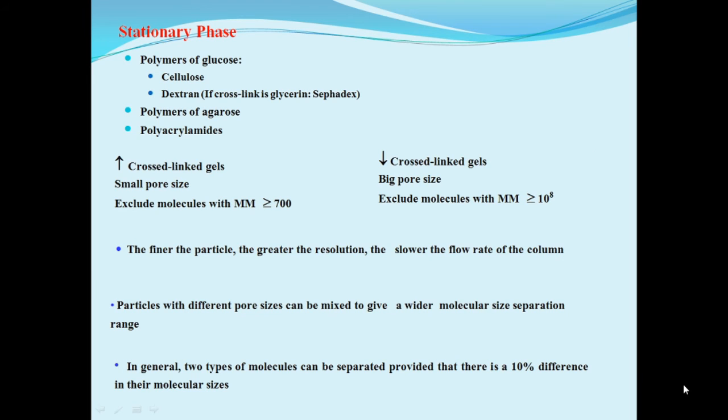Stationary phase for size exclusion chromatography: polymers of glucose, cellulose, dextran, if cross-linked with glycerin, Sephadex, polymer of agarose, polyacrylamide.